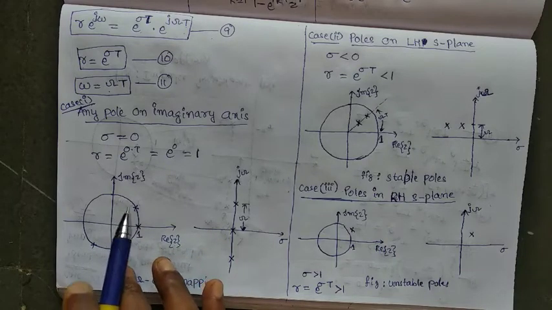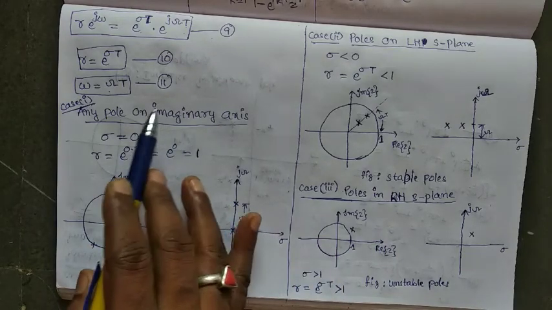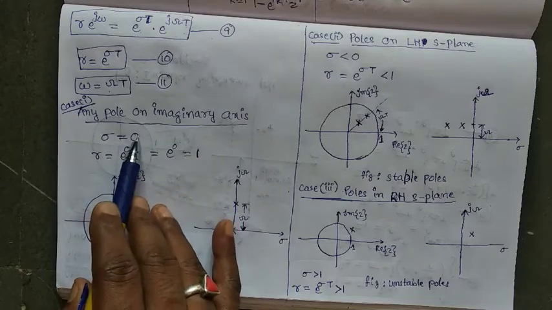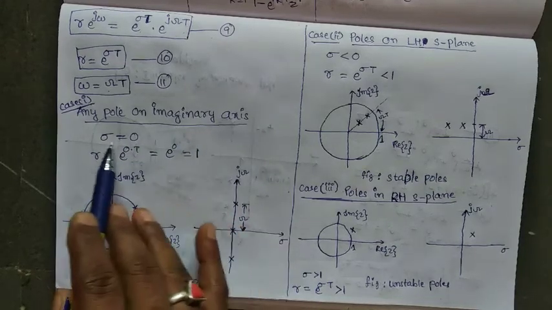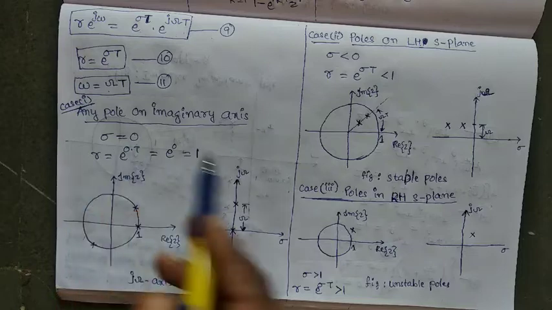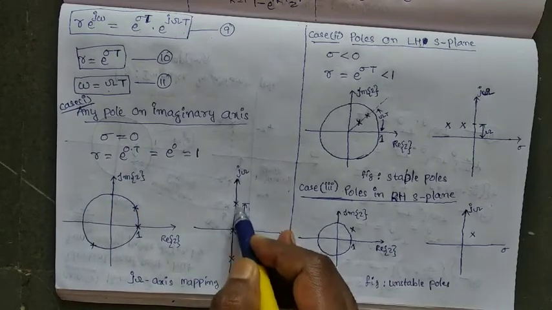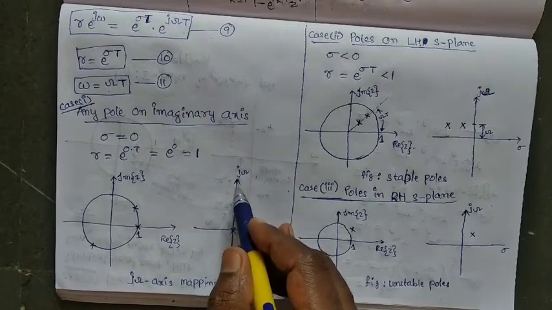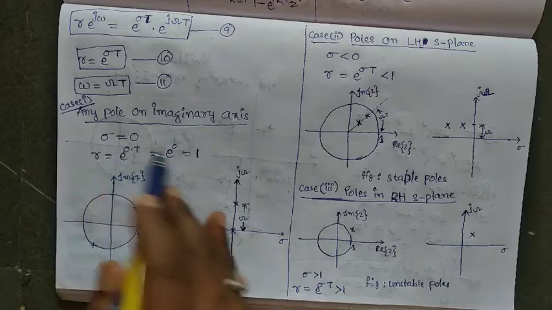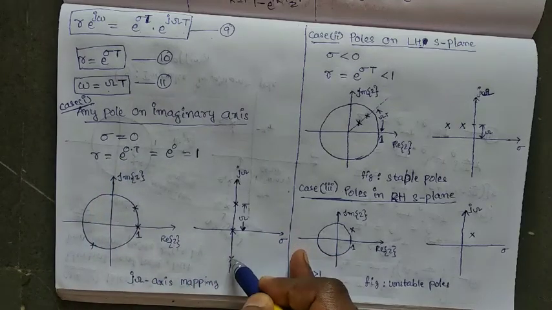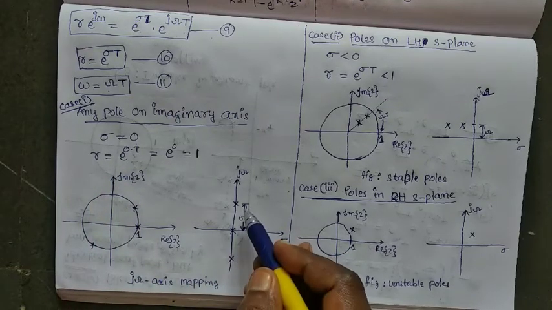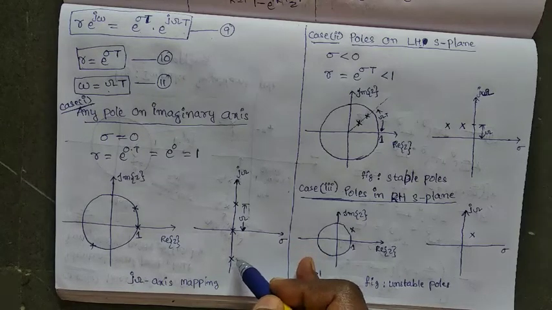Let us consider sigma is equal to 0. Sigma is equal to 0 means the poles are located on the imaginary axis.